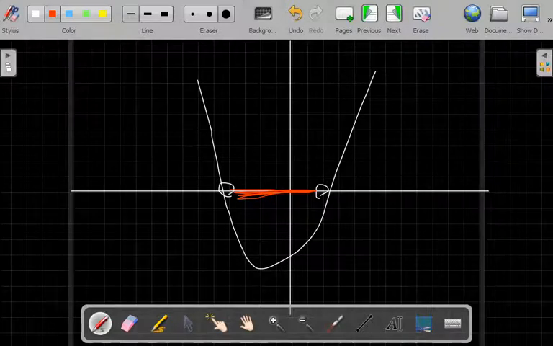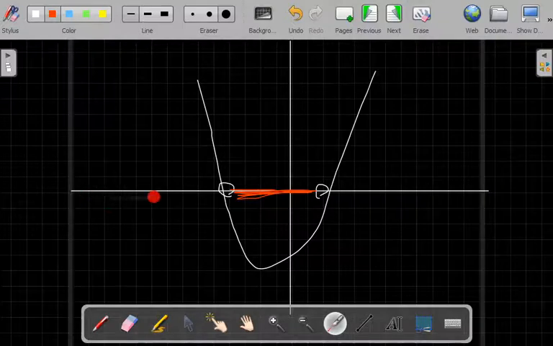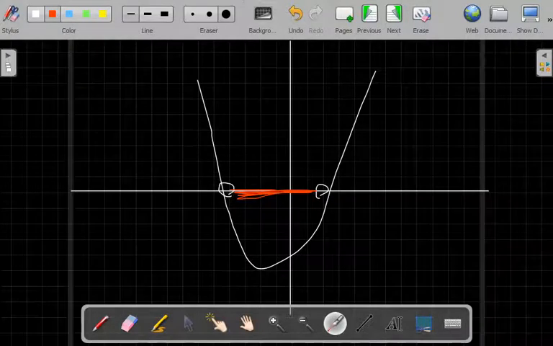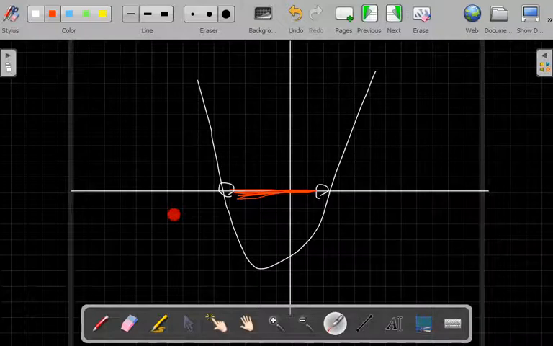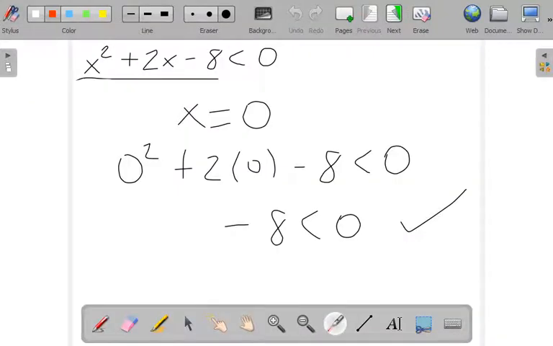So now we need to test the points outside. So we need to test these points and we need to test these points. So let's try that out. So this right here is negative 4. So if we test point, let's see, negative 6, let's say. Let's try negative 6. So let's erase this.